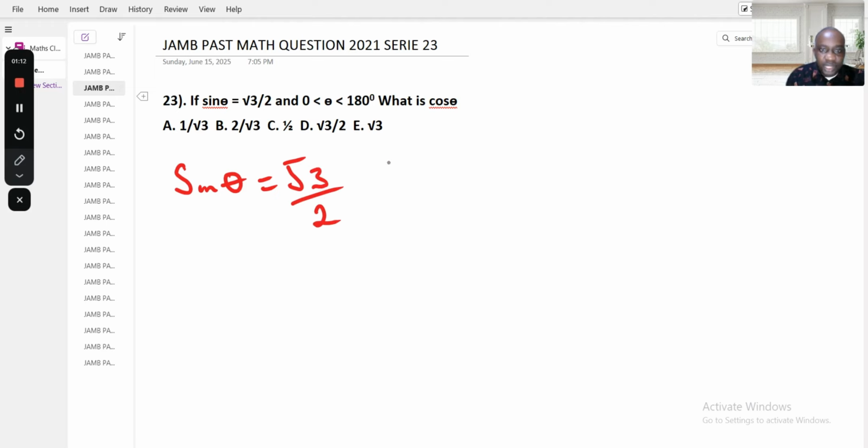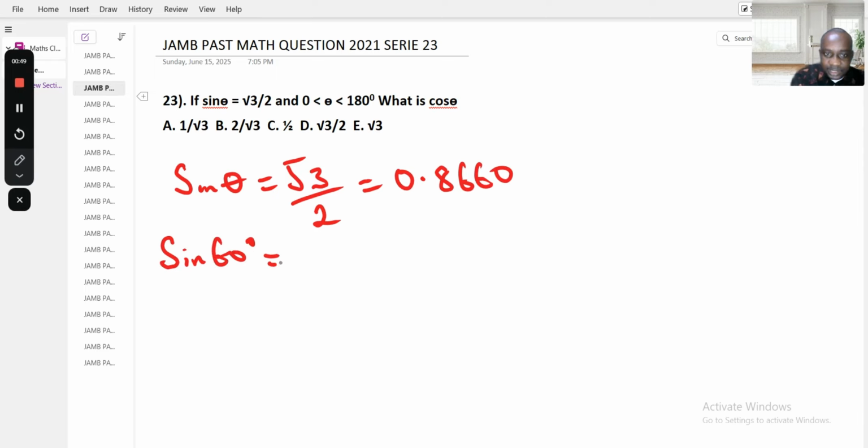If we divide this, square root of 3 divided by 2 is going to give us 0.8660. And if we use sin 60 degrees, you will see that it's going to give you the same thing. It means that square root of 3 divided by 2 is the same thing as sin 60 degrees.